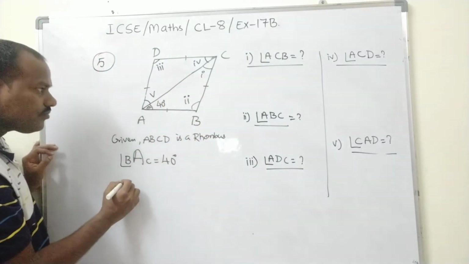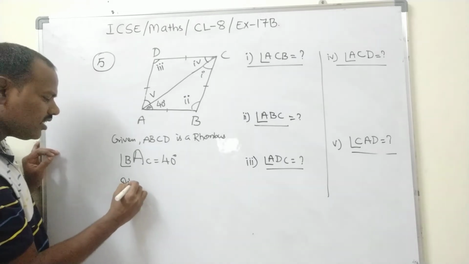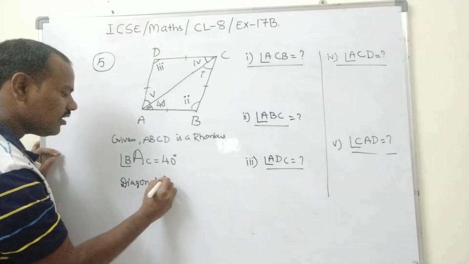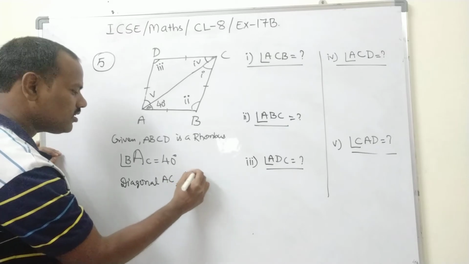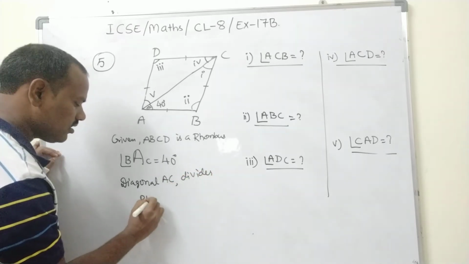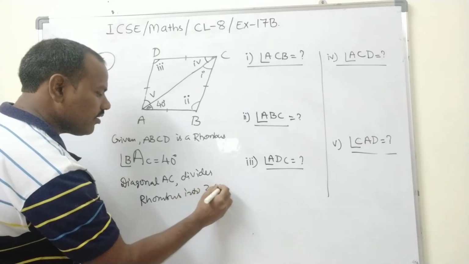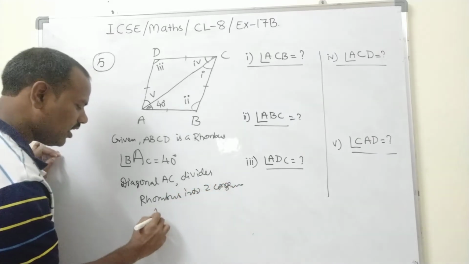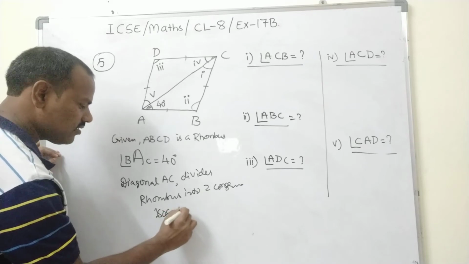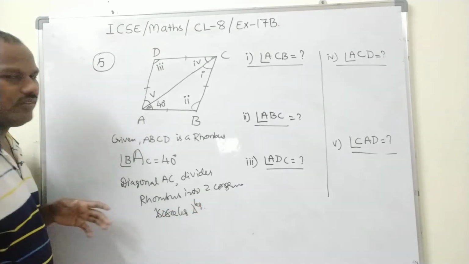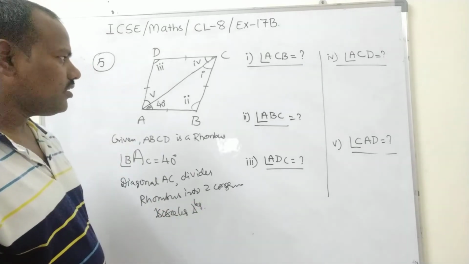Right here, diagonal AC divides the rhombus into two congruent isosceles triangles. There are different approaches, but I am going for the isosceles triangle.